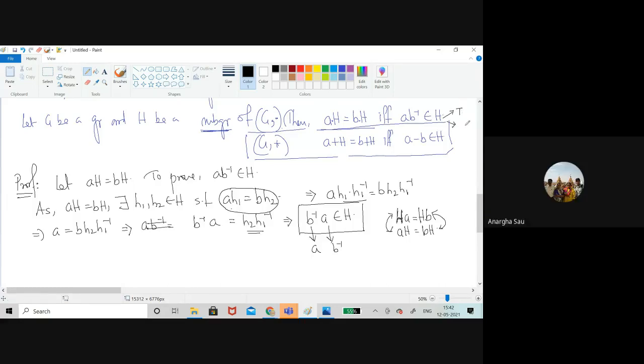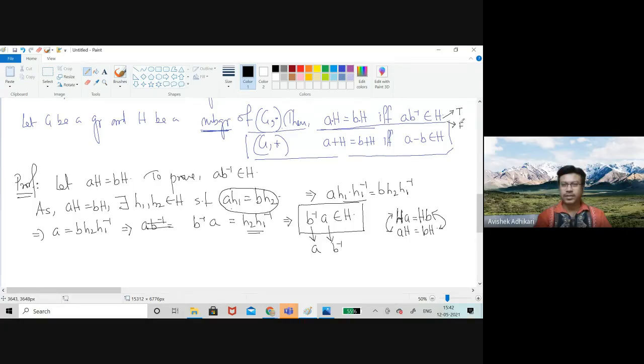Sir, this is actually false, I think. Can you give some example? So now it would be an interesting topic to discuss. aH equals bH if and only if you can prove that b inverse a belongs to H, that could be fine.